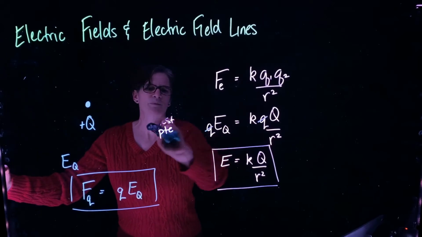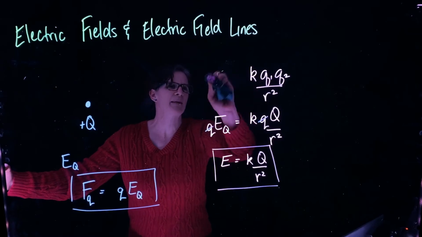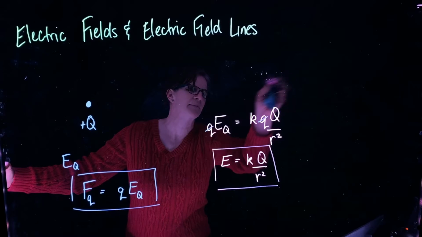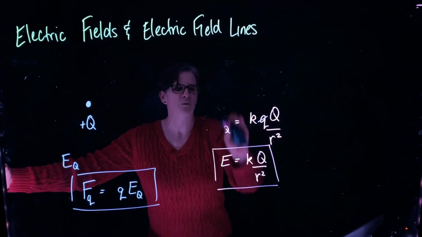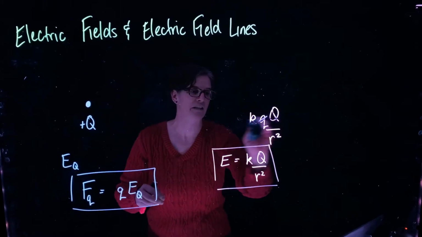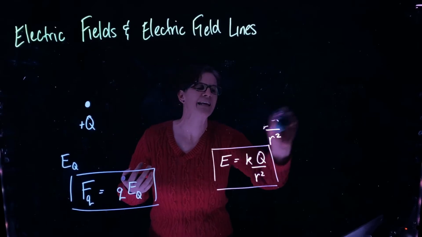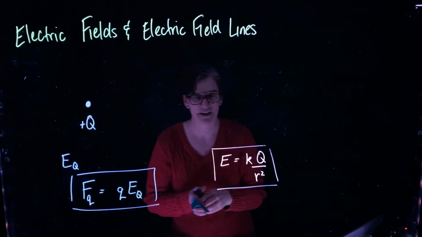So I'm just going to erase this so I have enough room, and we're going to put our charged particle right in the middle of the board so we have lots of room to look at it and explore it. Now, by convention, if we're going to look for the presence of an electric field, we're going to use a small test particle q, small enough that it itself does not influence the electric field.